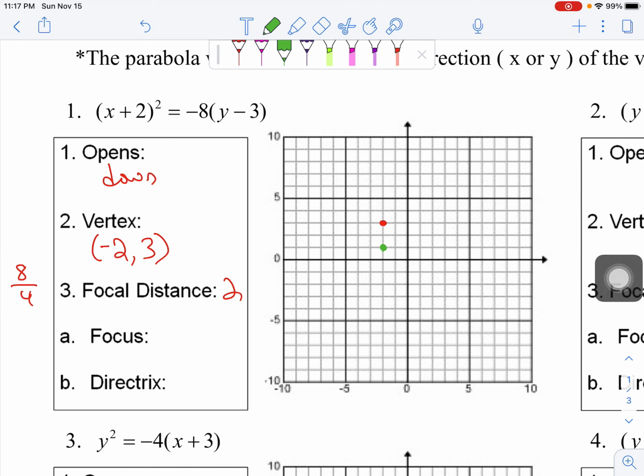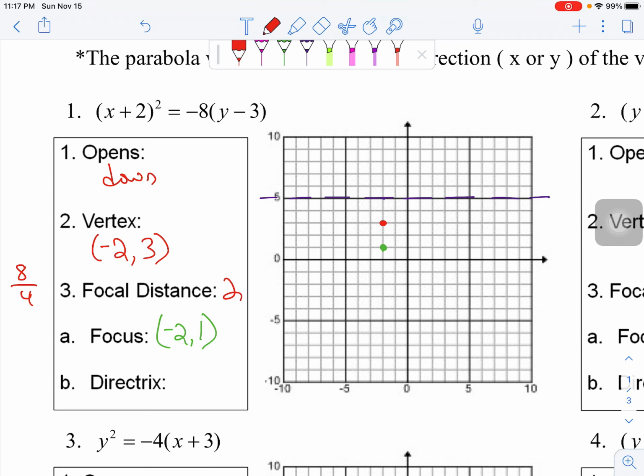That's my focus point, and that point would be -2, 1. All right. My directrix would be the other direction. Okay. So I want to go up 2 units from my vertex, 1, 2, and now I need to draw myself a horizontal line. Okay.